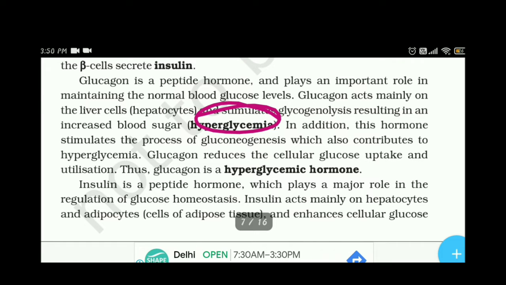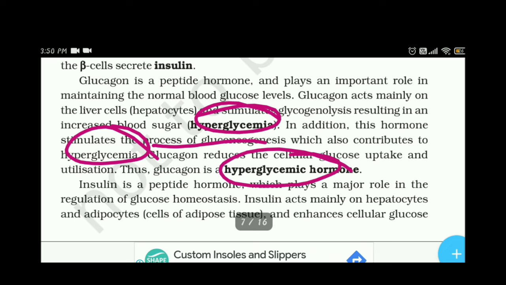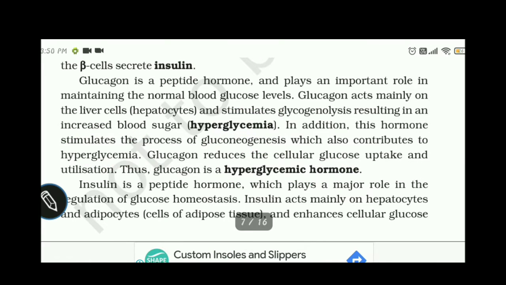It also stimulates gluconeogenesis, and reduces the cellular glucose uptake. Therefore, we call it a hyperglycemic hormone, because it increases the blood sugar level.